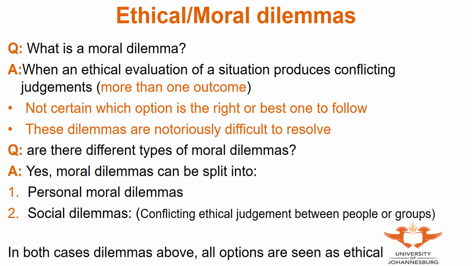And a social dilemma is where there's more than one party involved in that particular dilemma. It can be maybe 2 groups of people arguing over some sort of ethical dilemma. So just to summarize again, a personal moral dilemma is a dilemma within yourself, and a social dilemma is where there is more than one party involved.